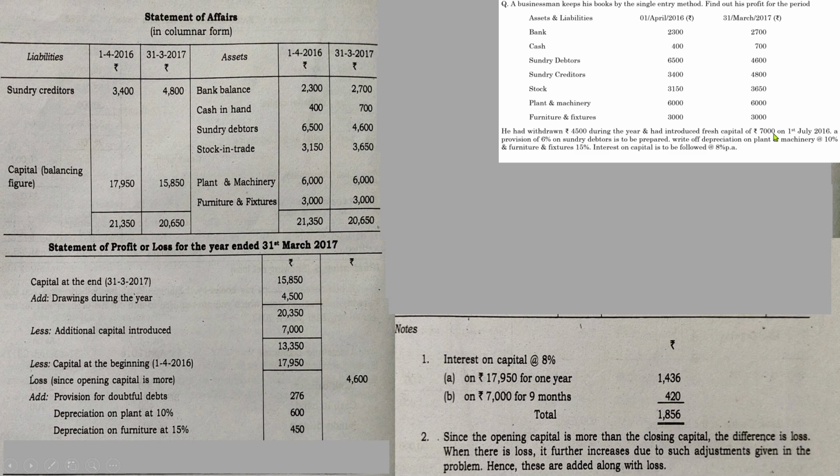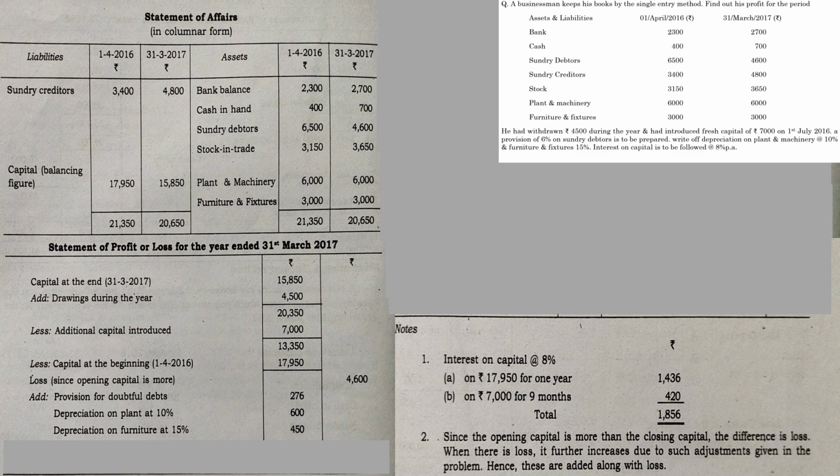But since it was introduced on 1st July 2016, you need not provide interest for the whole year, but from 1st July onwards, that is July, August, September, October, November, December, January, February, March, that is 9 months. So you have to provide interest for 7,000 for 9 months. That is simple: 7,000 into 8 percent, that is 8 by 100 into 9 divided by 12.